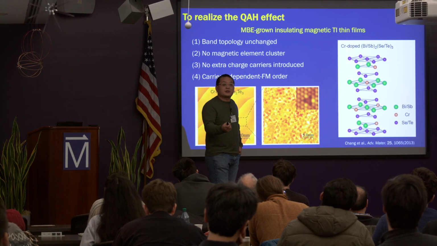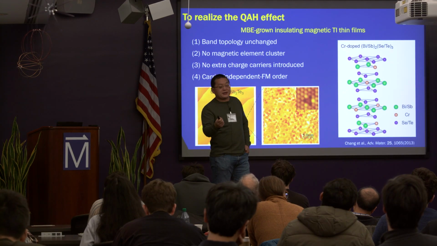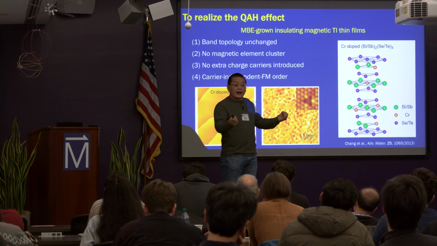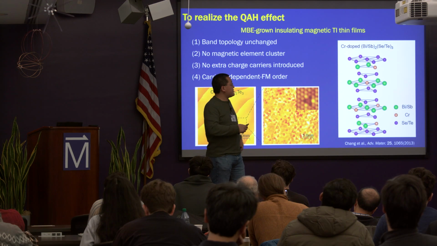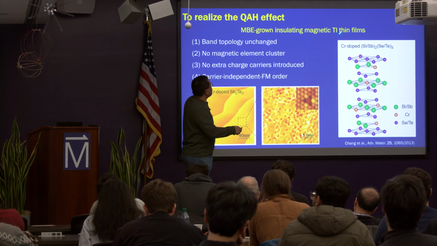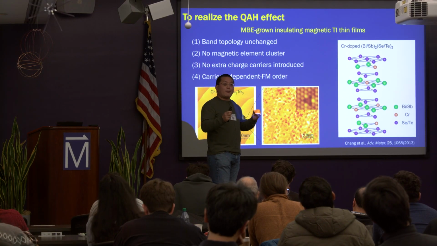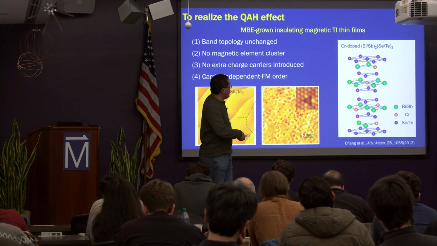With hole carriers, you get ferromagnetism. With electron carriers, no ferromagnetism. Without carriers, you also have no ferromagnetism. So in magnetically doped topological insulator films, the ferromagnetic order must be carrier independent.